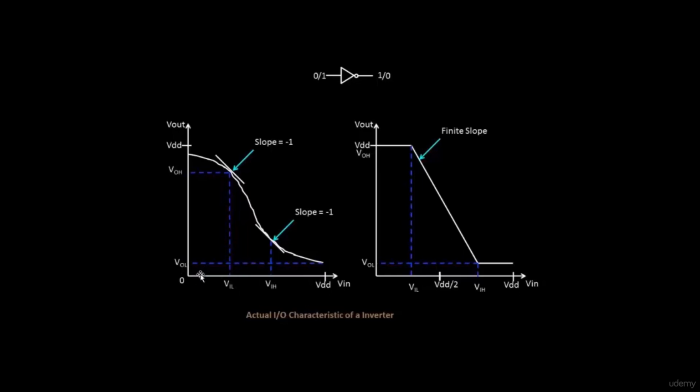So hence VOL should be lying somewhere between 0 and VIL. Okay, next your VOH should be somewhere more than VIH, and the reason is again the same, because the next stage of the inverter should detect a logic 1 at the input of this particular logic. If there is a logic connected over here, it should detect a voltage level which is logic 1. So VOH should always be greater than VIH.